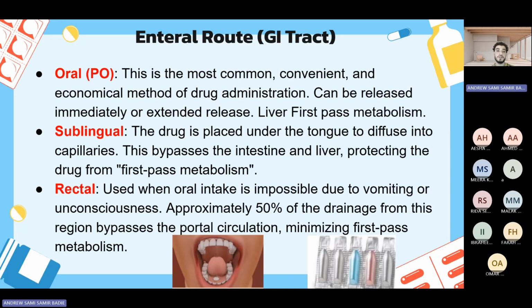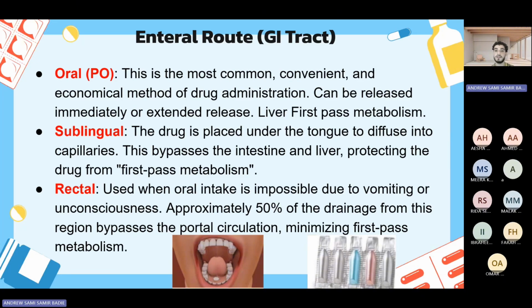The other two bypass the liver first pass metabolism. Sublingual, as you can see in the picture at the bottom, is put under the tongue and diffuses into the capillaries. The special thing about sublingual is that it bypasses the liver first pass, so if a drug gets metabolized by the liver, you can put it sublingually and it won't be metabolized.